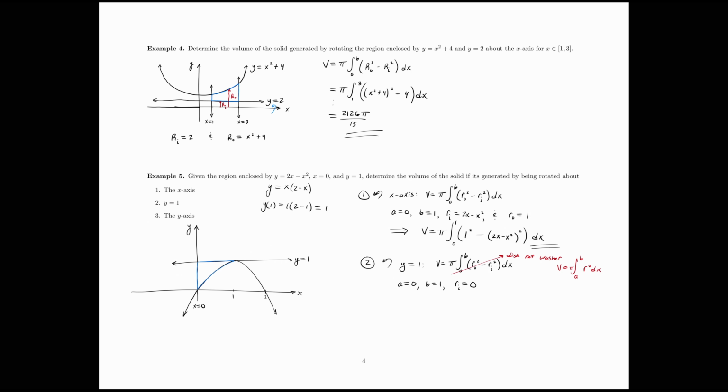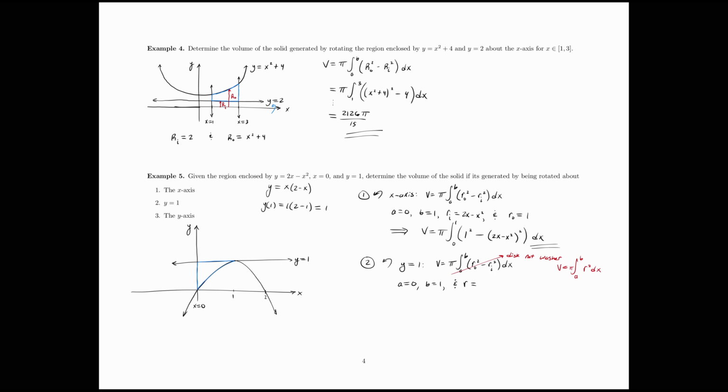A washer would reduce to a disk, because our inner radius would become 0, so we would subtract 0 and just have the single radius. So we'll change this out and talk only about a single radius, since it's a disk, not a washer. In this case, the r from the formula for a disk is the distance from your axis of rotation to your outer boundary here.